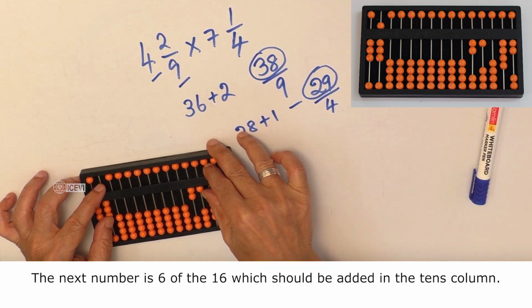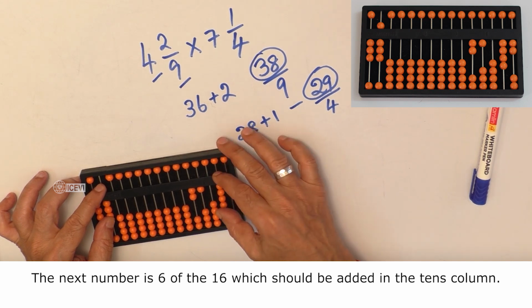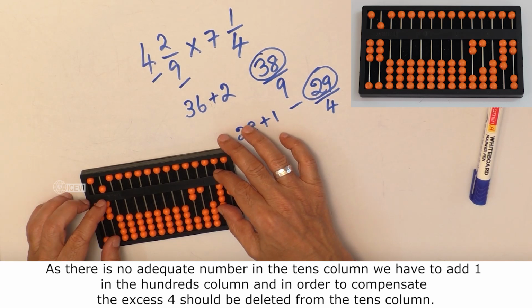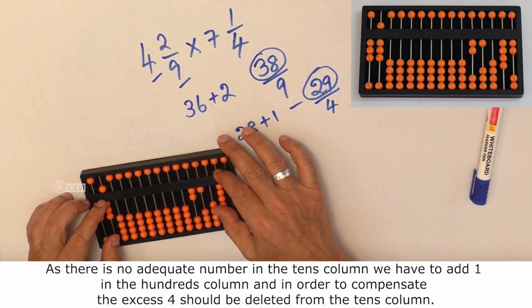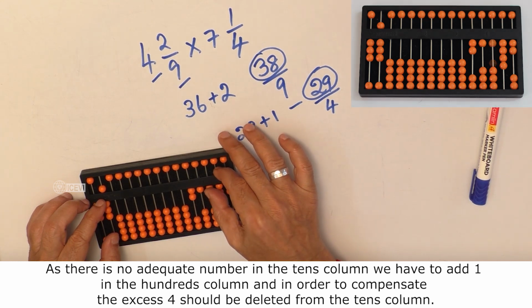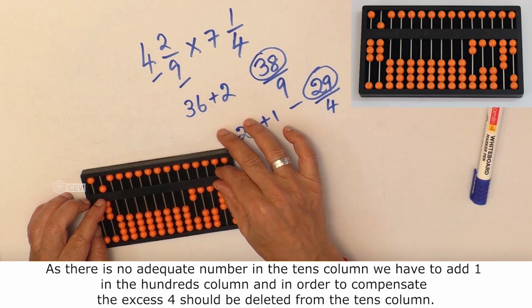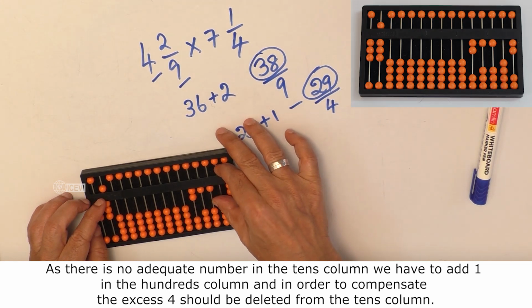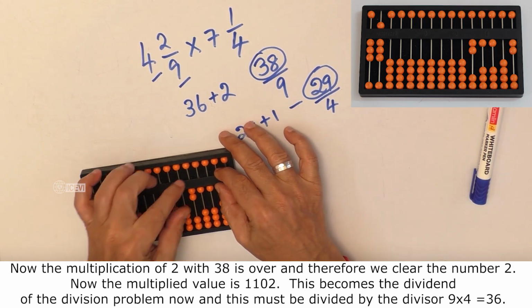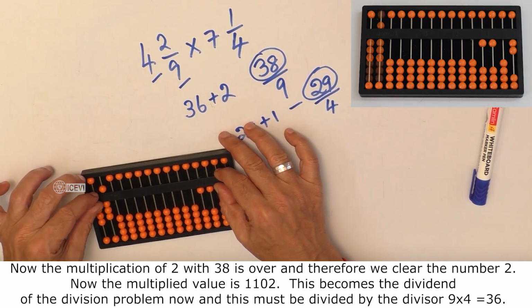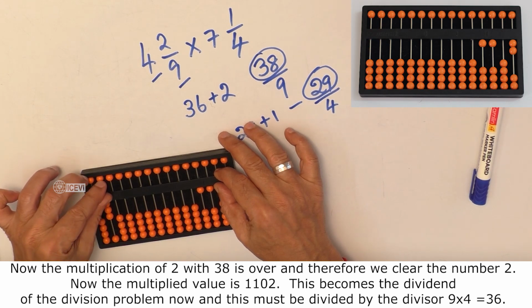The next number 6 of 16 should be added in the tens column. As there is no adequate number in the tens column, we have to add 1 in the hundreds column, and in order to compensate, the excess 4 should be deleted from the tens column. Now the multiplication of 2 with 38 is over, and therefore we clear the number 2.